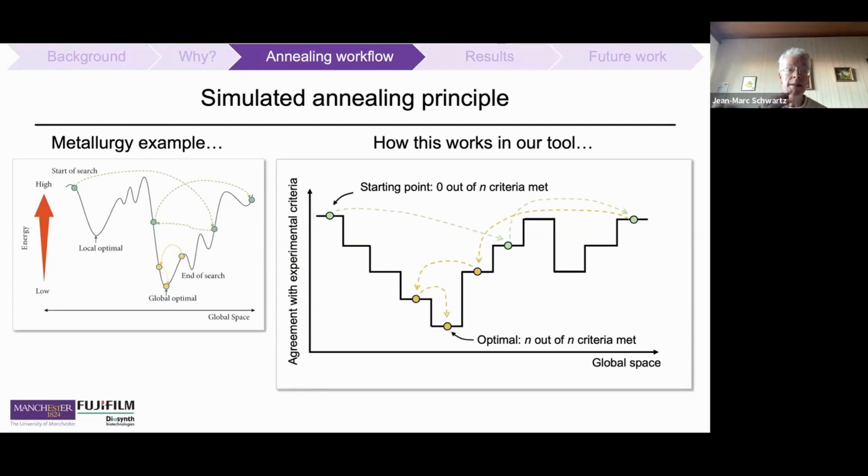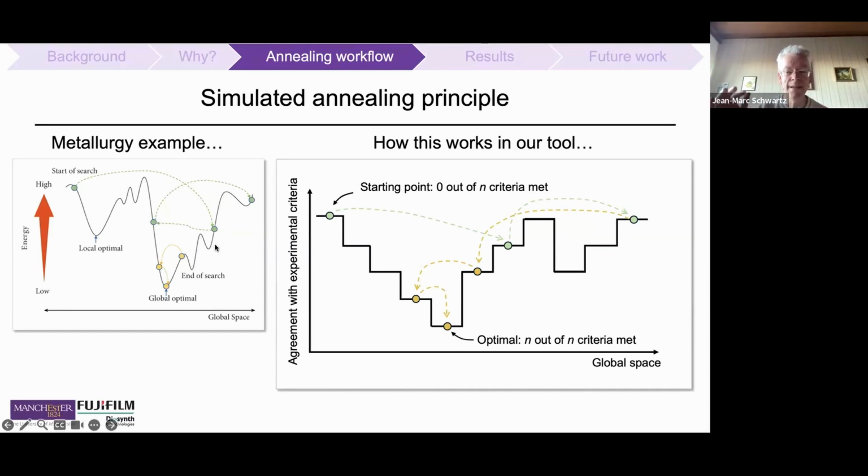And the probability that we can actually go up again decreases over time. So this is the analogy of the temperature in this annealing process. Essentially the temperature is very high at the beginning, which means at the beginning we can explore a very large space. And then as time progresses, the temperature is gradually decreased so that towards the end, the exploration will be much more local.